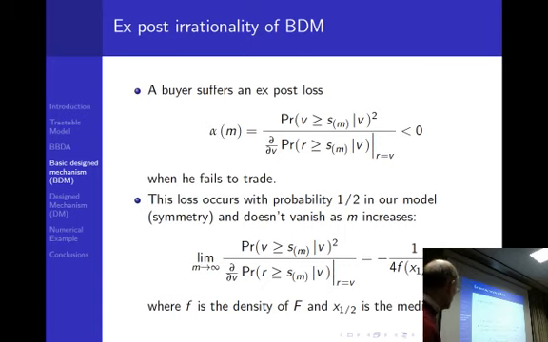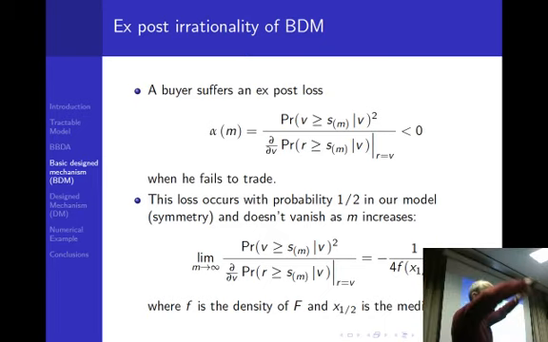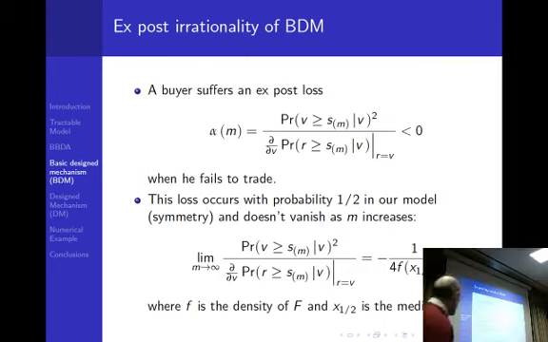And in fact, as you look at this asymptotically, it goes to this value, minus 1/4 times the value. Remember, f was what those epsilons were drawing from, and the value of the density right at the median. Depending on what variances you choose and so on, you can make this number as big as you want. So this could be a pretty big number.